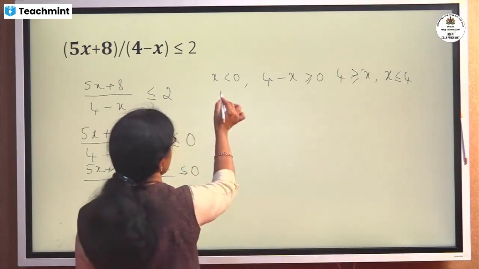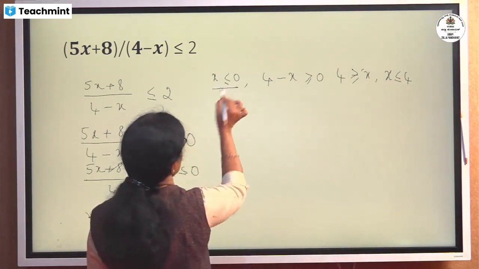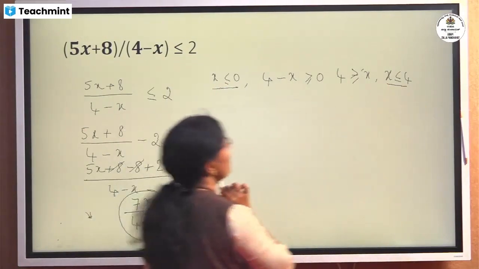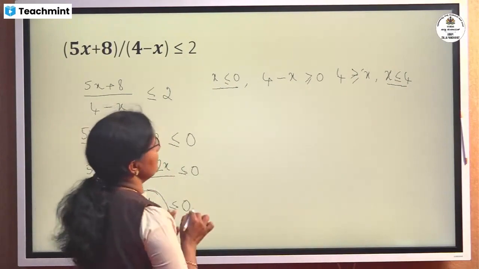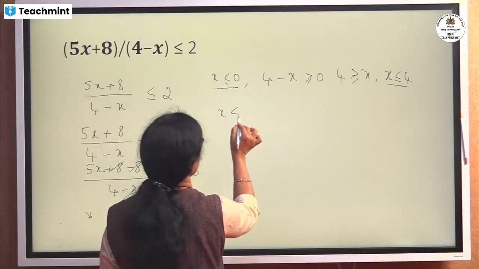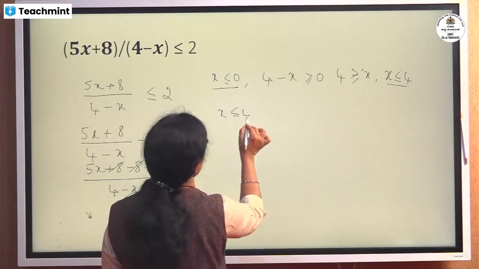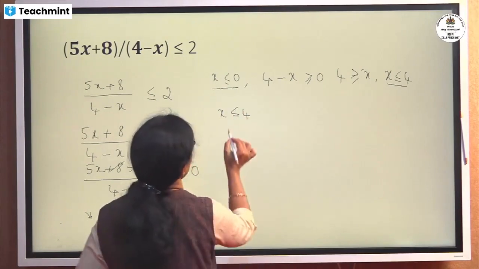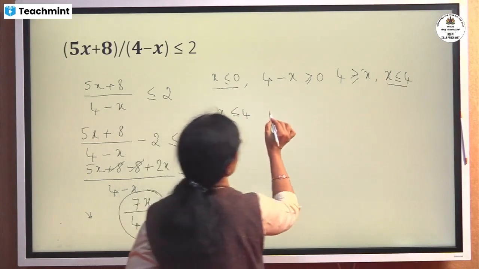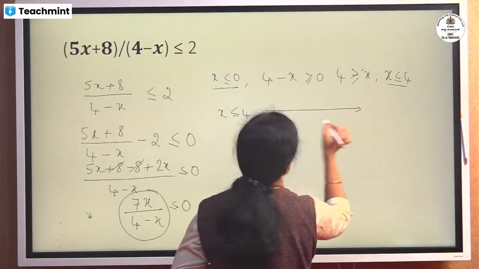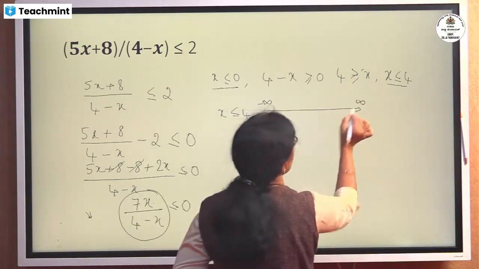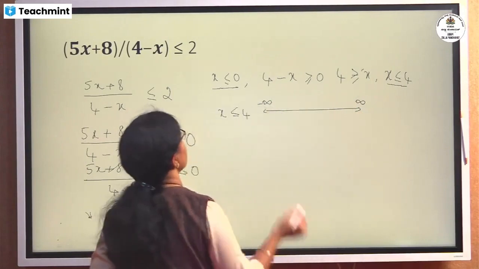Here two conditions are there. X is smaller than or equal to 0 and x is smaller than or equal to 4. You have to combine these two conditions. You may take the help of a number line here also. So minus infinity to plus infinity.